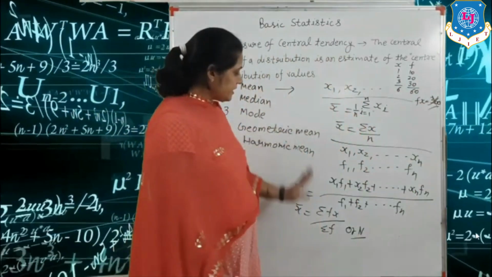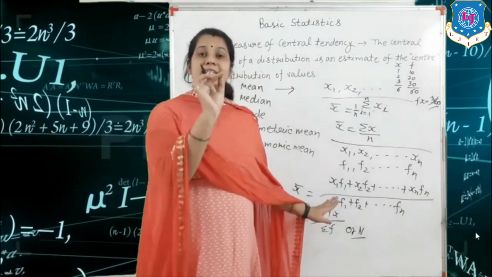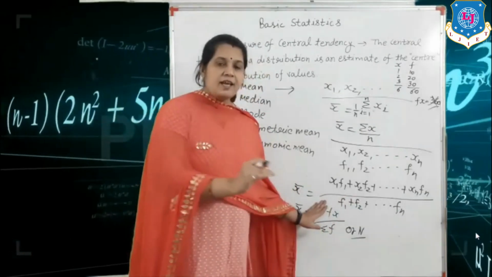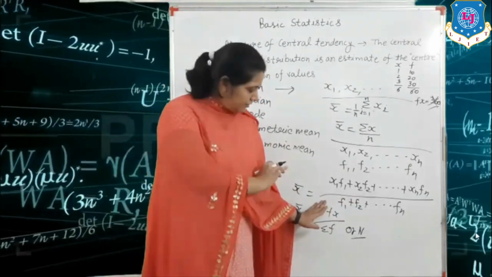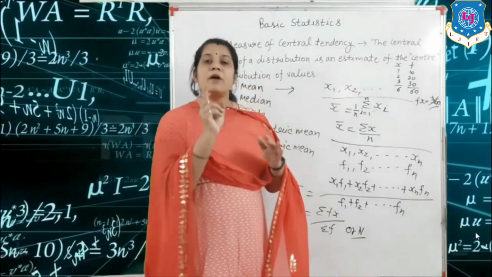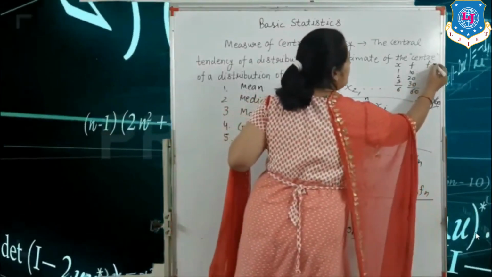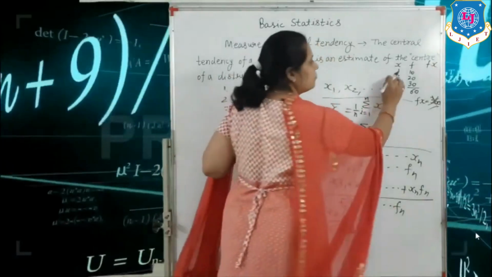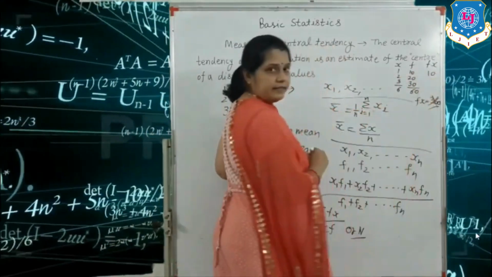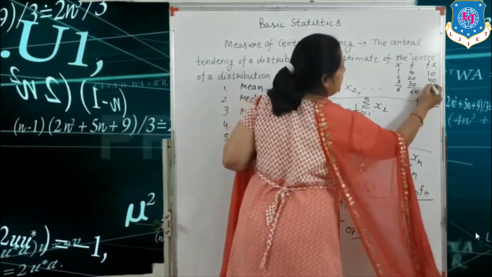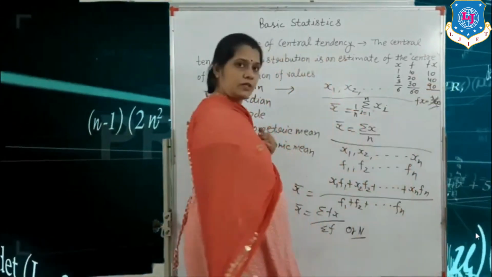Sometimes students write the value of fx as 360, but this is the wrong way. Why? So don't be confused. Always hide the summation and look carefully. You multiply the column of f into x. That means 1 into 10, then 2 into 20 is 40, and 3 into 30 is 90.